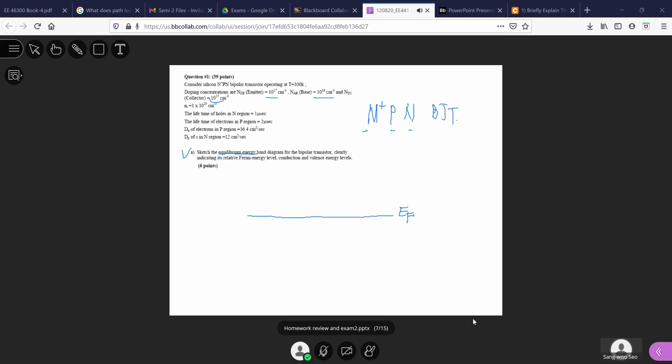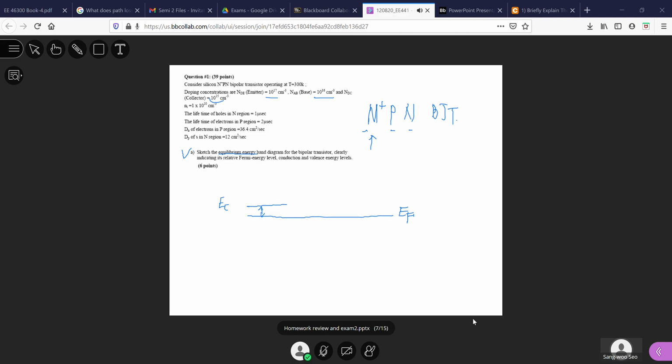The emitter side is n plus, meaning EF is close to EC, and this magnitude is much smaller compared to the other one.